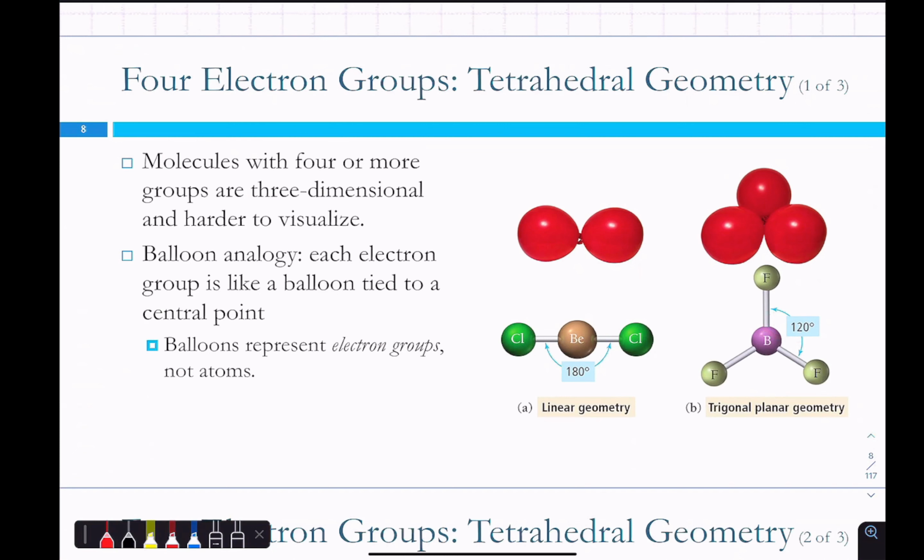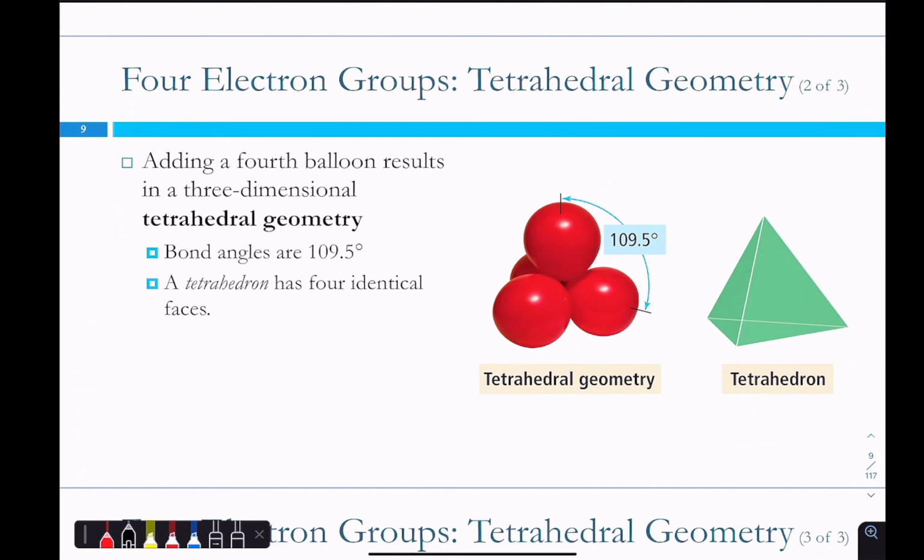So what do you think this bond angle would be between these? It's more than 90. Because if it was 90, then it would just be, who's looking ahead? That would be 90s. This is more than 90 though, because we can do 90 in a single plane. So yeah, it's 109.5. So each of these balloons, theoretically, would be 109.5 degrees apart from each other.